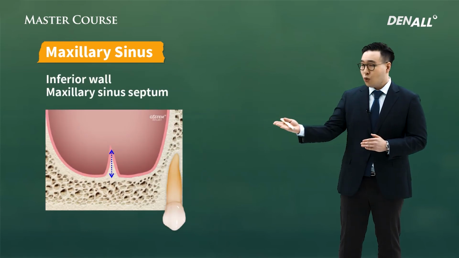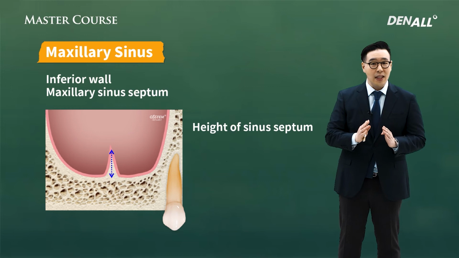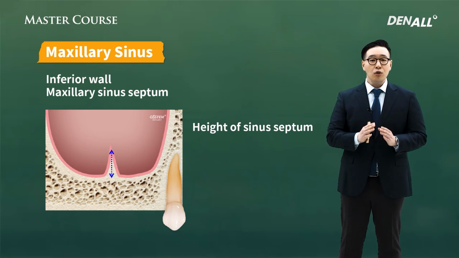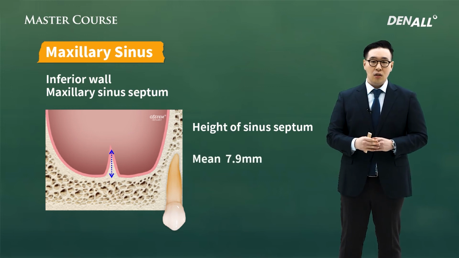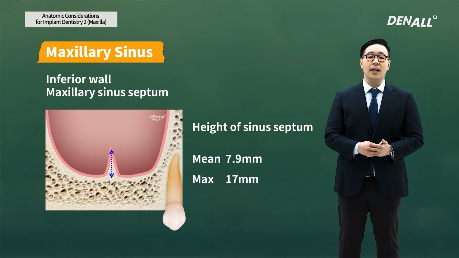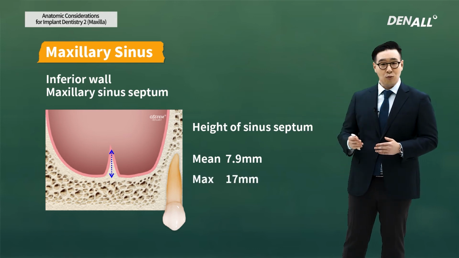In the inferior wall, you have the maxillary sinus septum, and the septum's mean height is 7.9, but it can be as high as 17 millimeters.